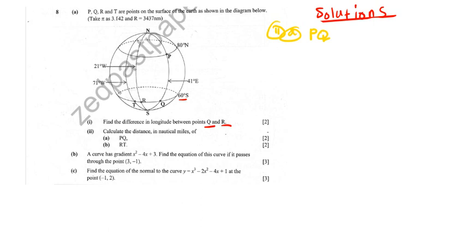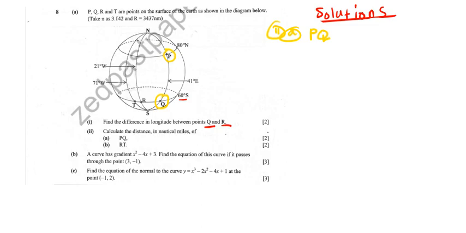First of all, you have to check points P and Q. Where do they lie? As you can see, they are sharing the same longitude. Therefore, since they are sharing the same longitude, you are finding the longest distance.